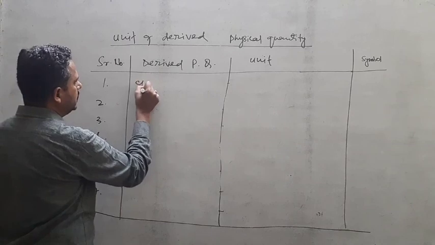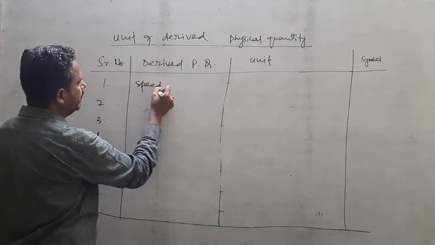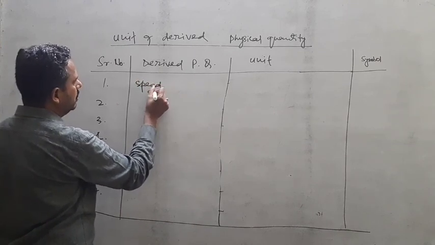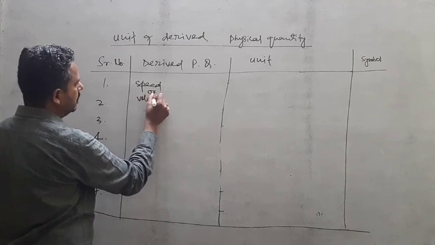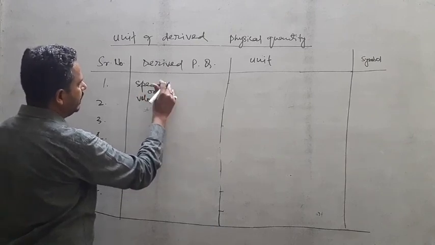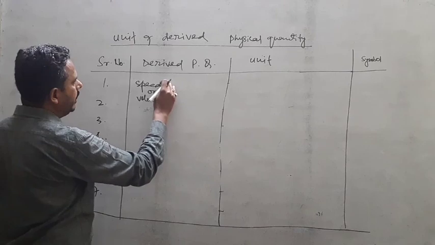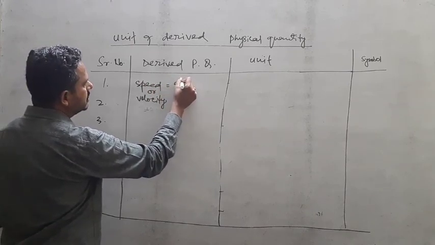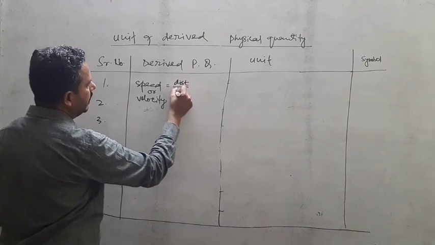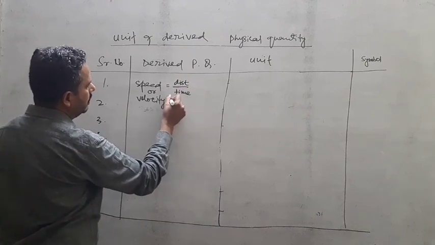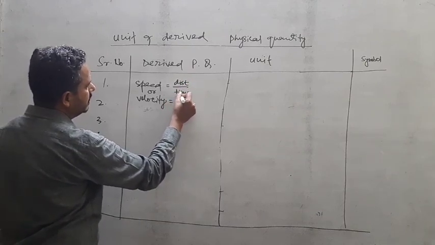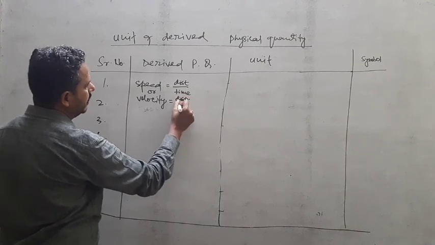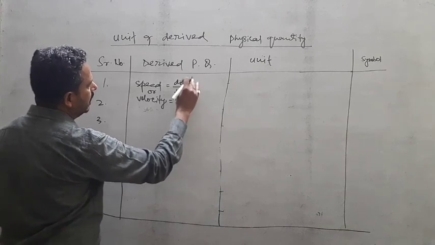Accordingly, the first one is speed or velocity. Why have we written speed or velocity? Because one contains distance by time, and the other is displacement by time. That means both have length by time.